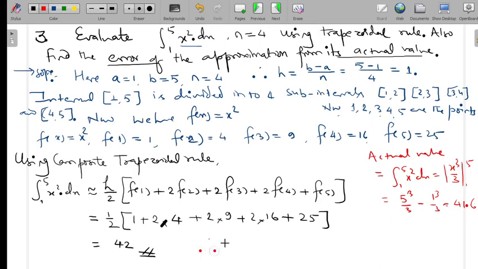Therefore, error equals actual value minus approximate value, that is actual value 41.6 minus approximate value 42, equal to 0.4, which is the error. In this way we can solve this question.